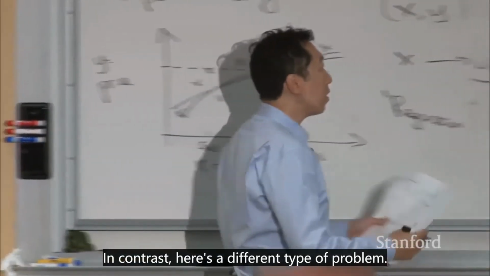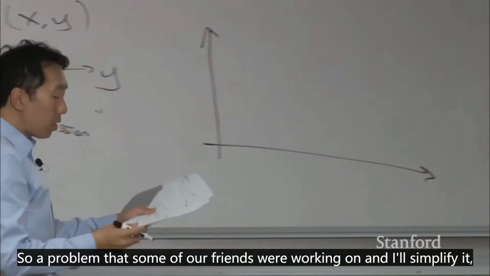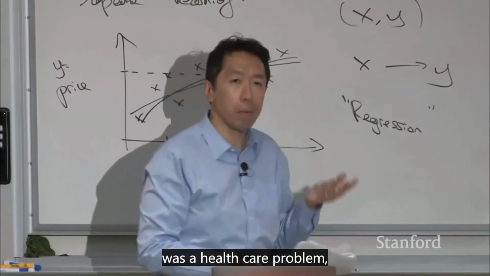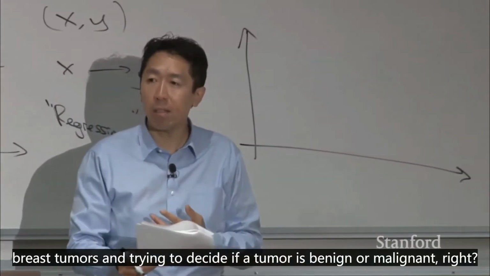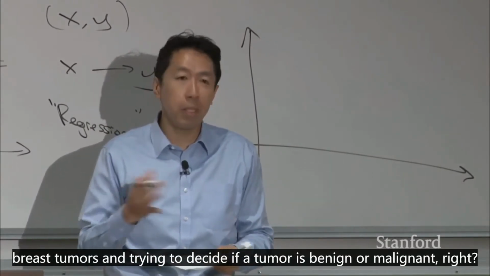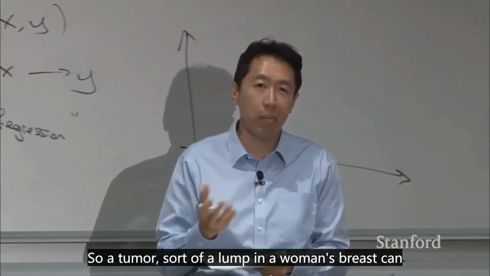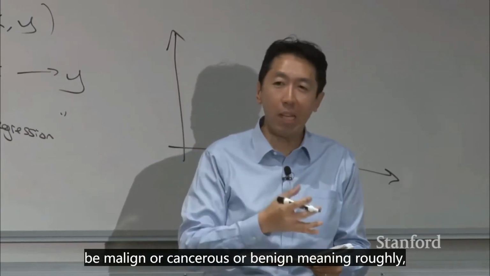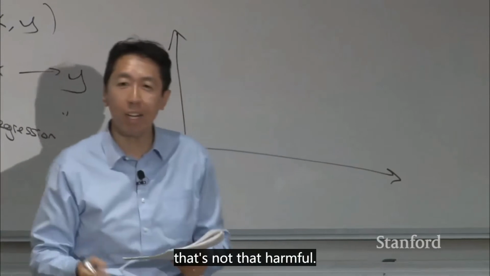In contrast, here's a different type of problem. A problem that some of my friends were working on, and I'll simplify it, was a healthcare problem where they were looking at breast tumors and trying to decide if a tumor is benign or malignant. A tumor, a lump in a woman's breast, can be malignant, or cancerous, or benign, meaning roughly that it's not that harmful.